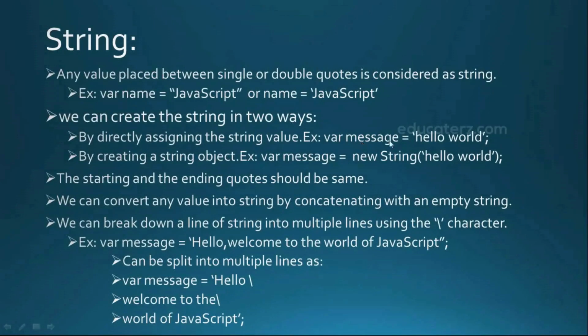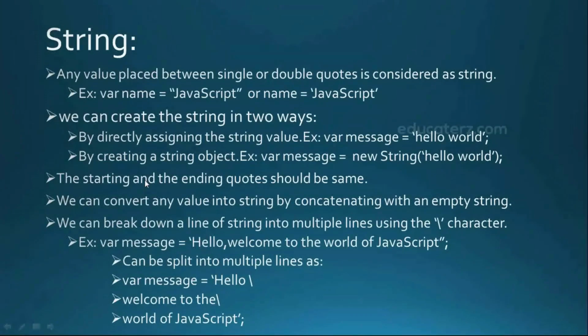In this example, I am assigning the hello world string directly to the message variable. We can also create it using the string constructor, like in the second example, where I'm using the string constructor and creating the string object with the value hello world.